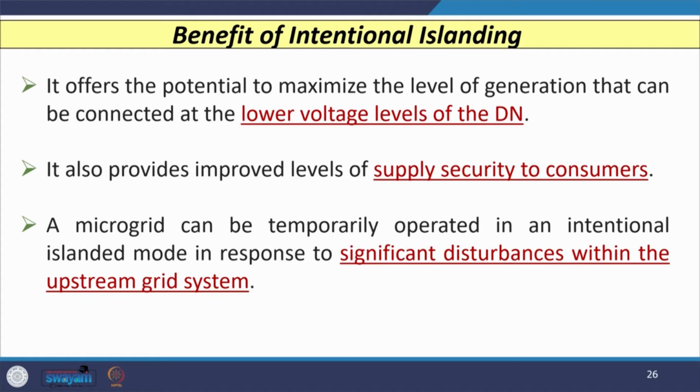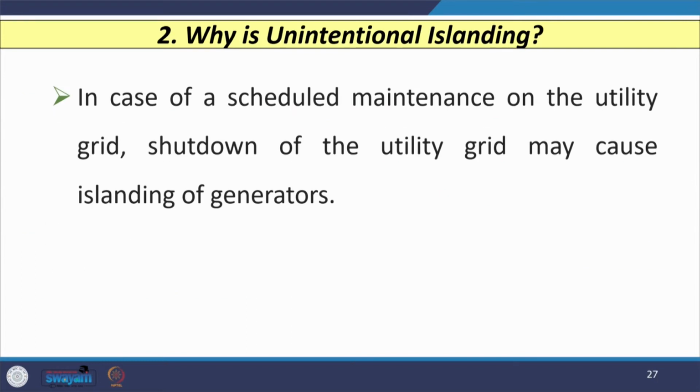As you know, the benefits of intentional islanding are that it offers the potential to maximize the level of generation that can be connected at the low voltage level of the distribution network. It also provides improved levels of supply security to consumers, and that is why a microgrid can be temporarily operated in an islanded mode in response to significant disturbances in the upstream system or network. In case of scheduled maintenance, as I told you, the shutdown of the utility grid may cause islanding of generators, and that is why unintentional islanding takes place.